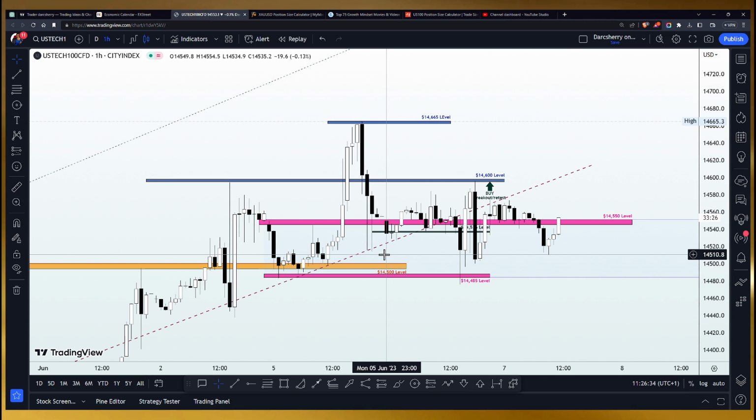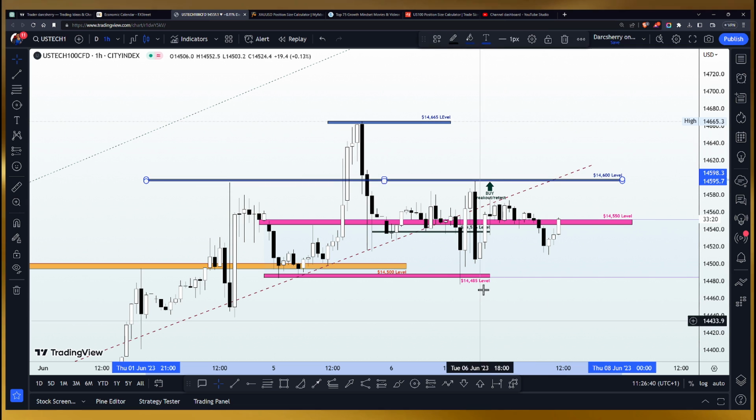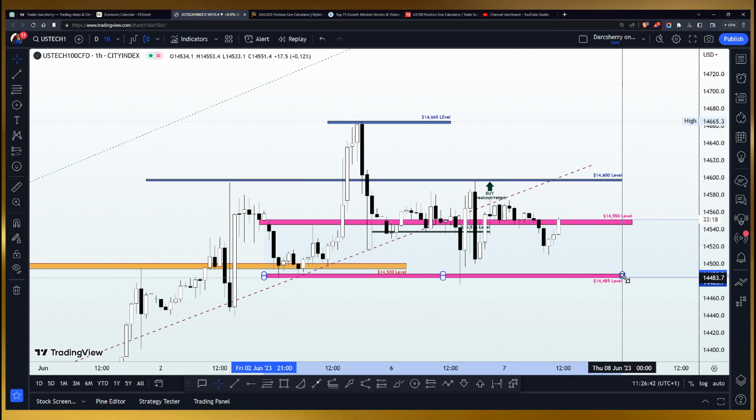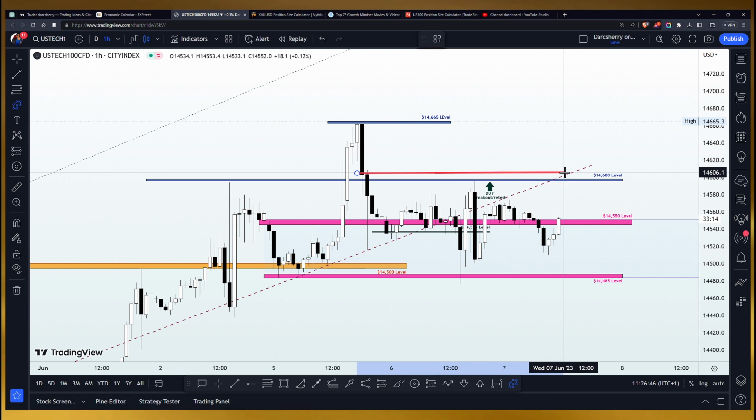And since yesterday, we have seen a situation here where price action has been caught within this range between the 14,600 and the 14,485 to emphasize the level of indecision in this market.